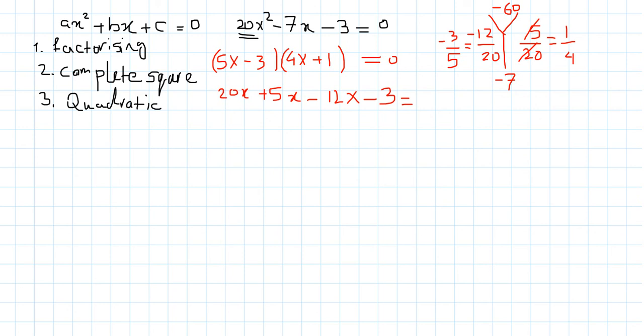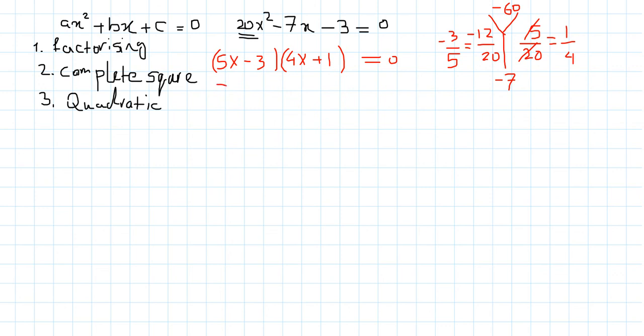So 5 minus 12 is minus 7, and this is correct. Minus 7, you see, it is the first equation. Now let's erase it and continue solving my equation. So the factorizing was correct. Let's continue.